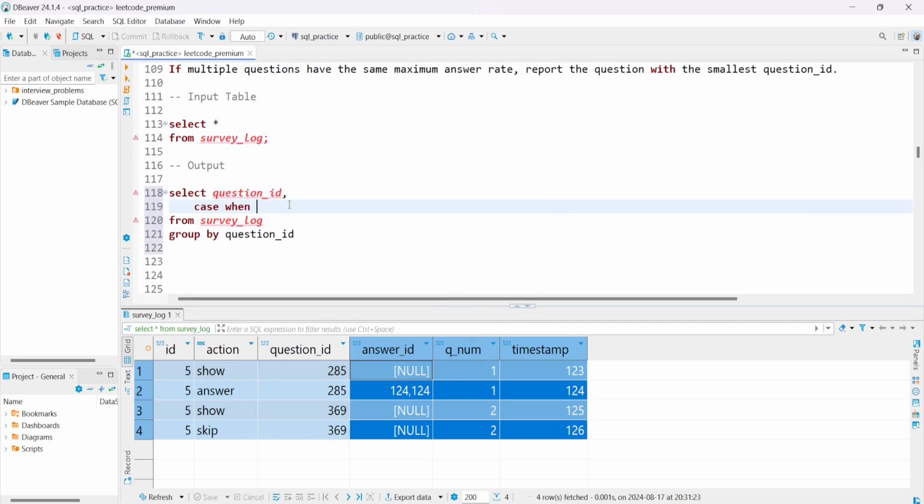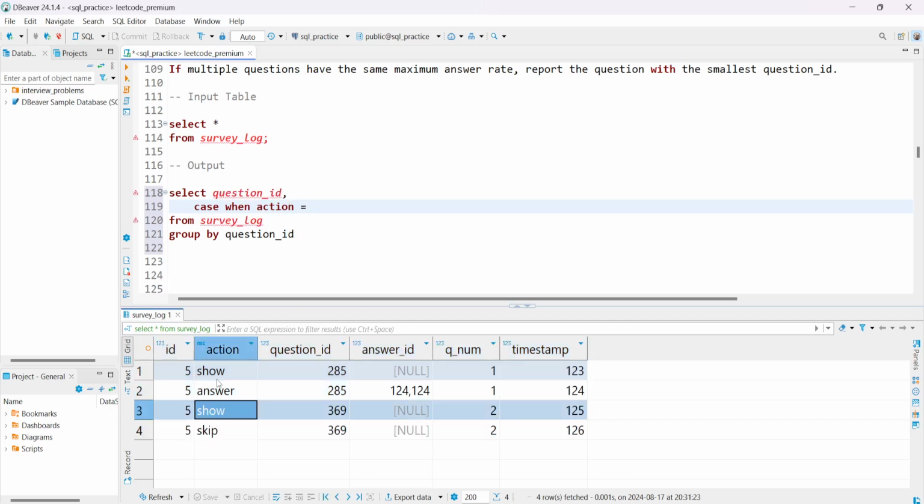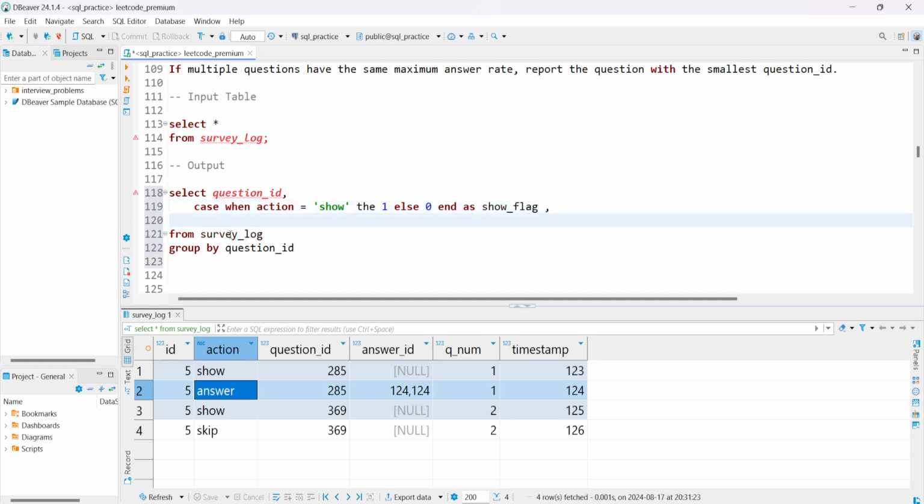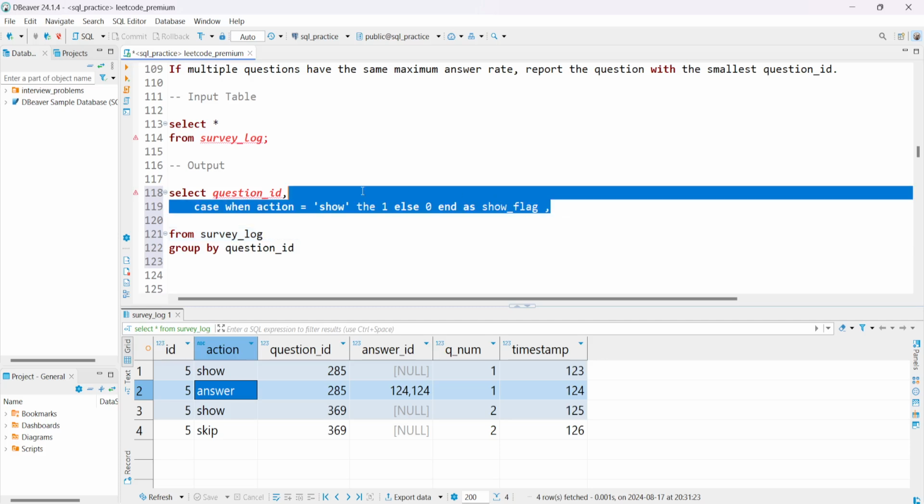So we can write case when action. We don't bother about the skip one, we just bother about the show and answer. So whenever it is show, then we take 1, else 0. And as show flag, we will club this into the summation, but before that we'll see it like this.